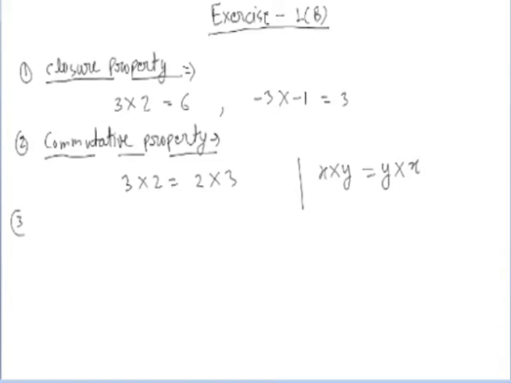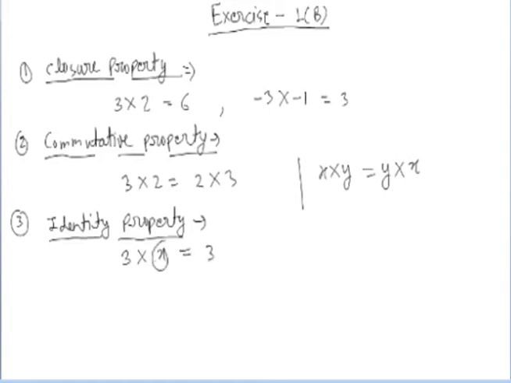Third, identity property. What is the identity property? Identity property means when we multiply any integer by a number, there will be no change. So what would be that number? That number will be 1.